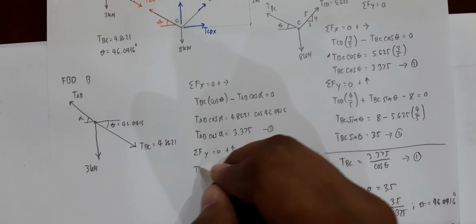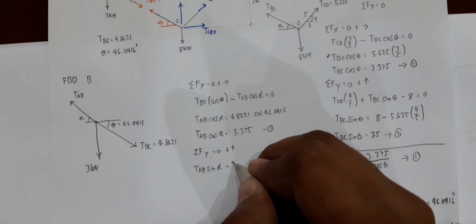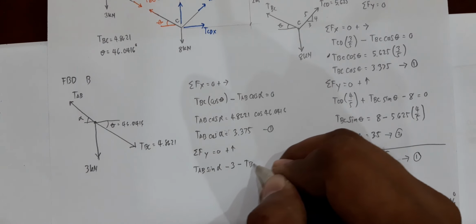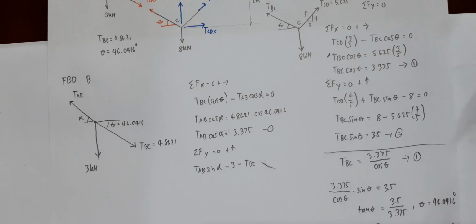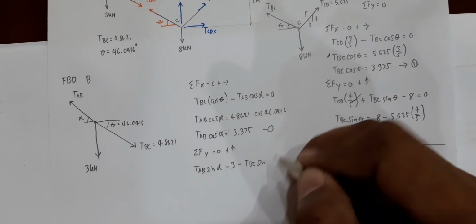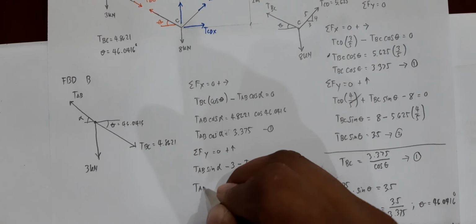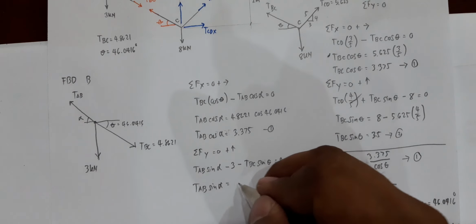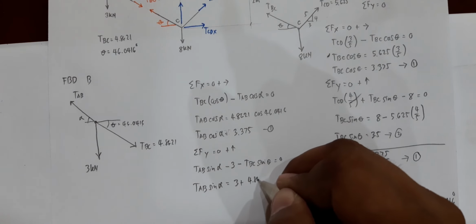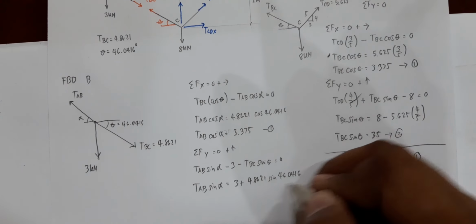Next is summation of forces along the y-axis equal to 0. Let's take positive upwards. On the upward direction, you have TAB times the sine of alpha, and then minus 3, and then minus TBC times, sorry, that should be sine, times the sine of theta is equal to 0. So, calculating for TAB sine of alpha, that would be 3 plus 4.8621 sine of 46.0416.